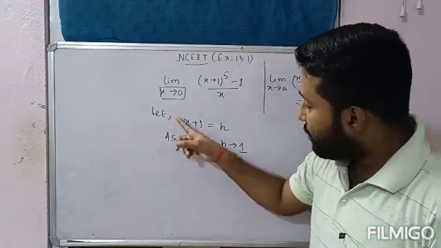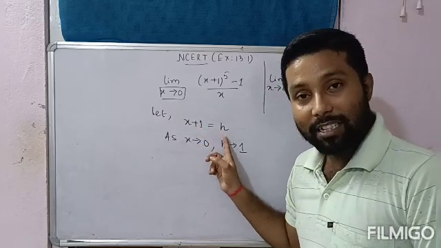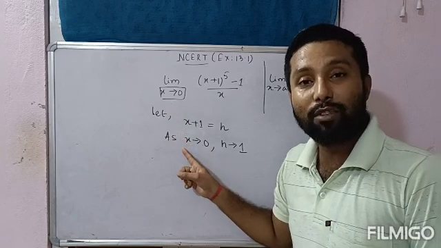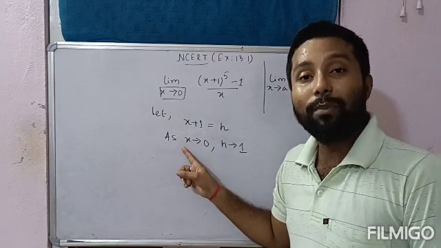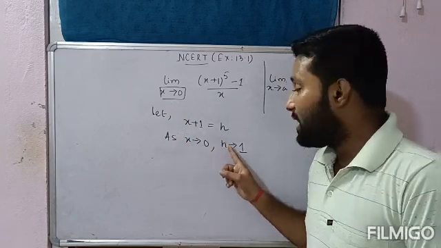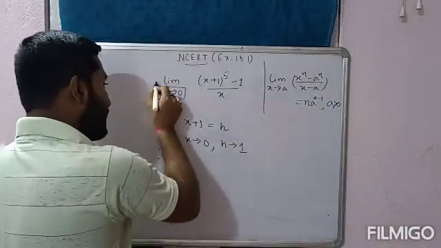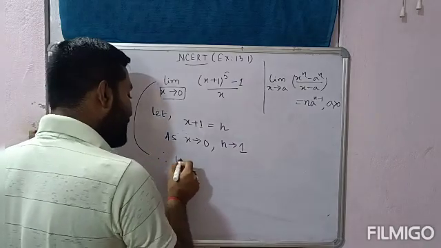So if I put x plus 1 is equal to h, then as x approaches 0, substituting the value of x as 0, the value of h is 1.